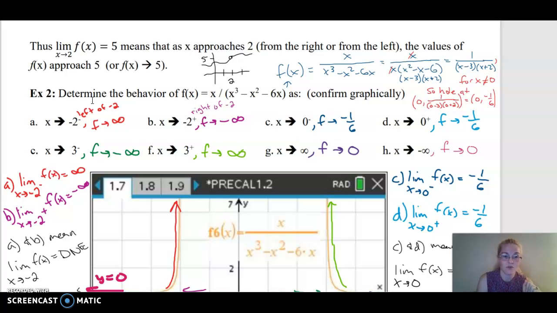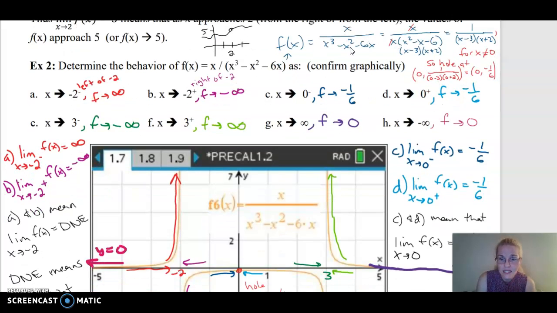All right, so example 2: determine the behavior of the function x divided by x cubed minus x squared minus 6x, and then confirm graphically. I'm just going to look at the graph because that's a little bit quicker.